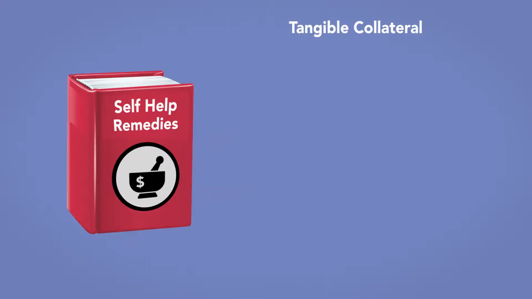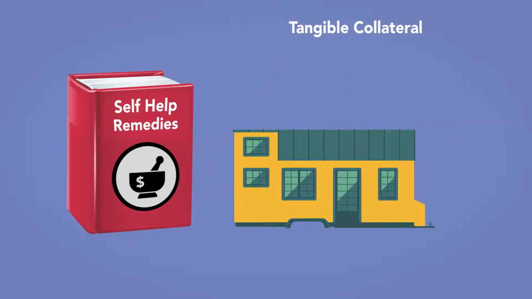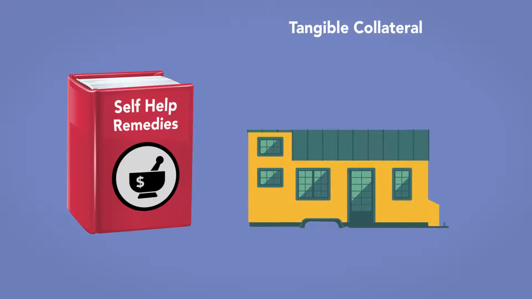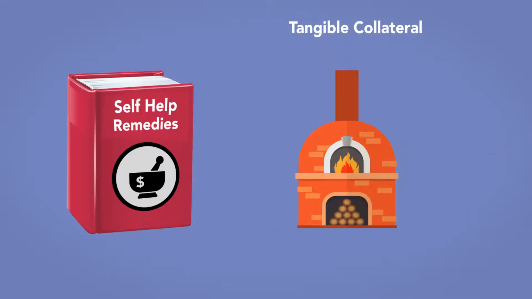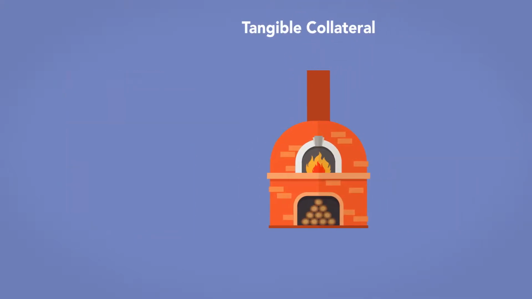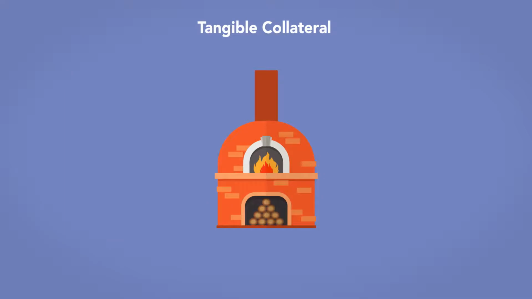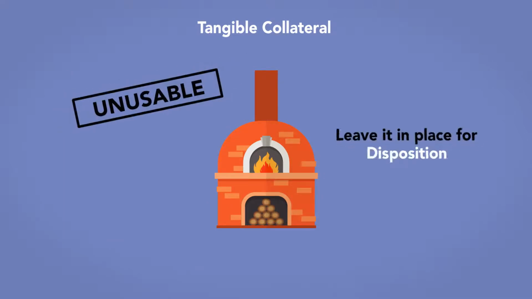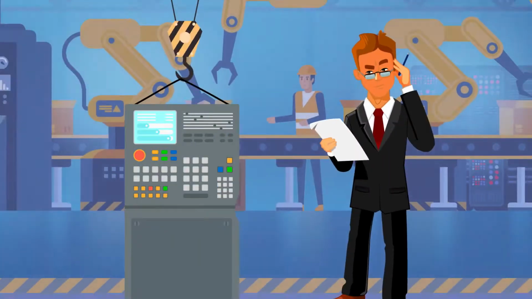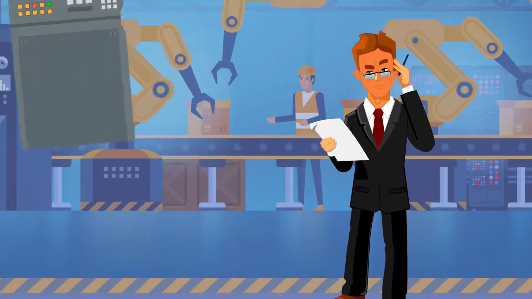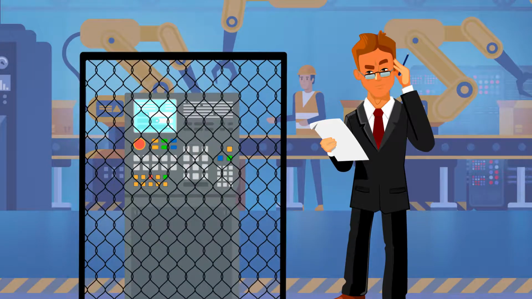Sometimes the collateral is so large or built into place, as in the case of a non-movable trailer or a commercial oven built into a restaurant, that this is not feasible. In those cases, the secured party may render collateral equipment unusable or leave it in place for disposition. For example, a secured party might remove the control panel of large industrial equipment or even build a fence around it.